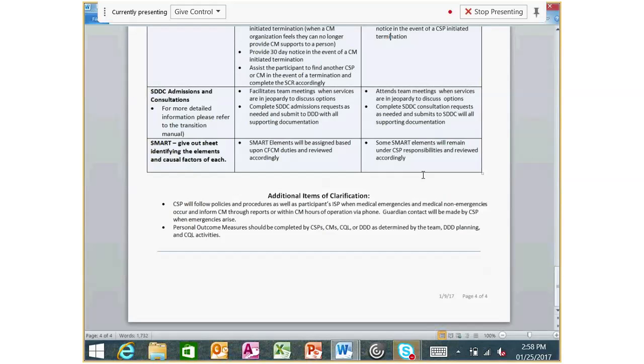That transition plan is then also used for that 30-day period between when a person starts services at a CSP and when the initial ISP is completed. Like I said, there's more detailed information about SDDC admissions, consultations, and discharges in the transition manual, which should be available on the website.